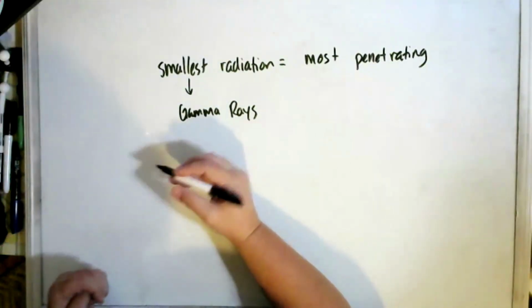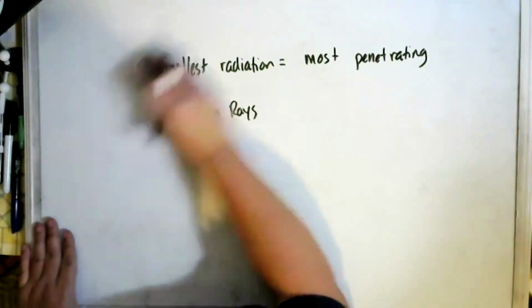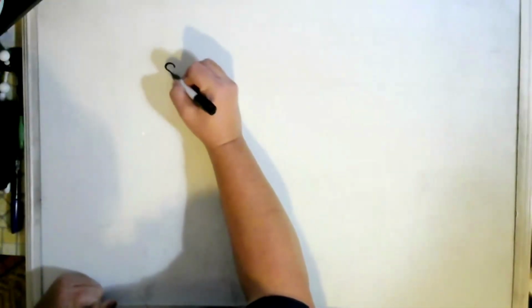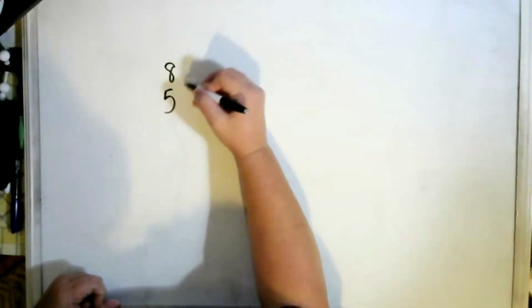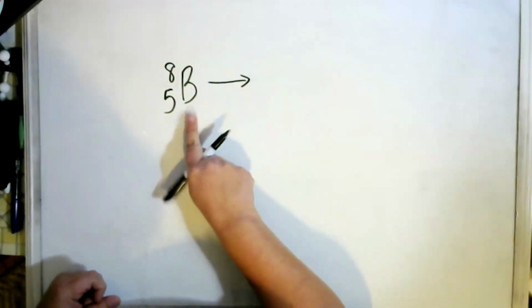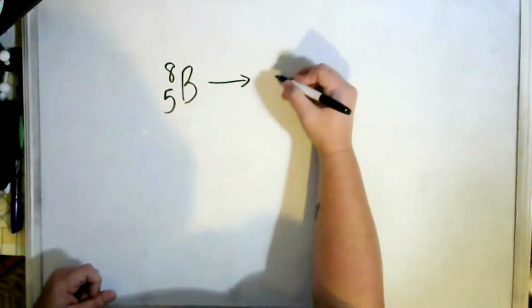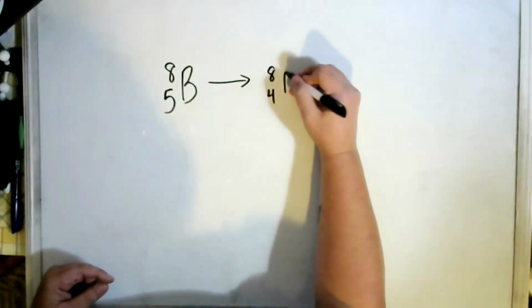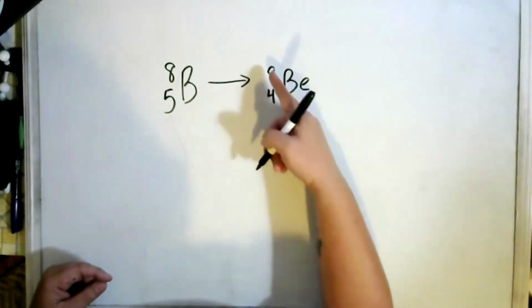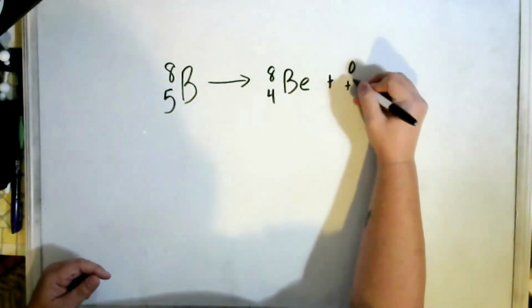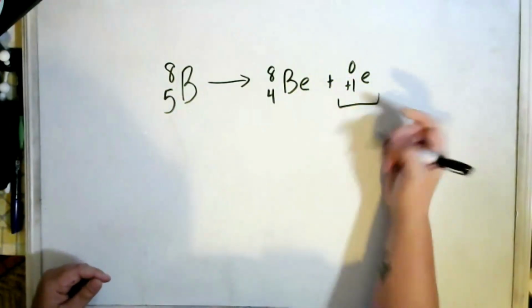All right, next question gives us a nuclear equation, and they ask us to identify it actually. They're giving us this nuclear reaction. So we start with boron 8, and then it's going to convert into beryllium 8, and it's going to release this particle.